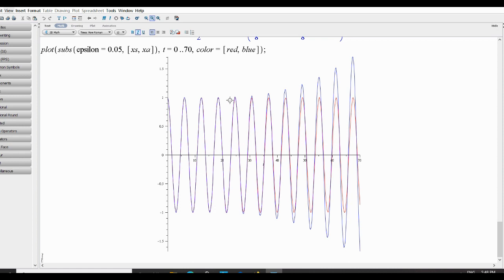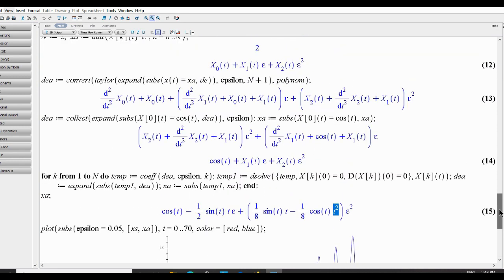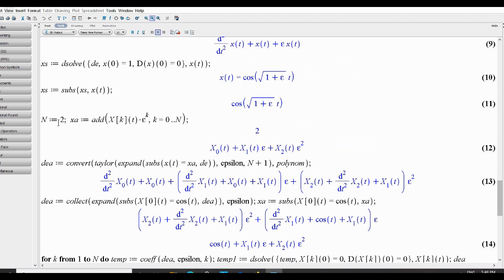Over the time period when the amplitude has changed, over that time period, basically this solution is wrong. What is this t square we are seeing? This t square is the one that is here. This problem will not go away if I increase the order. So if I go to order 4, it's going to be worse, not better.